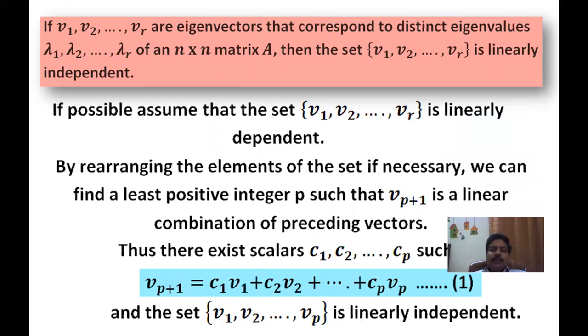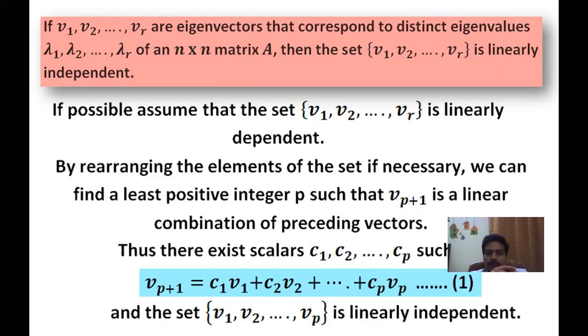Whenever a set is linearly dependent, at least one of the vectors is a linear combination of other vectors. So by rearranging them, we can find a number p such that Vp plus 1 is a vector which is a linear combination of preceding vectors.